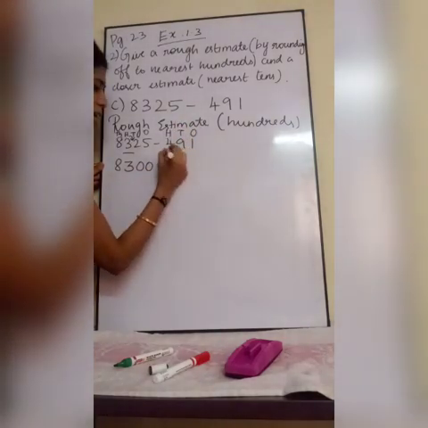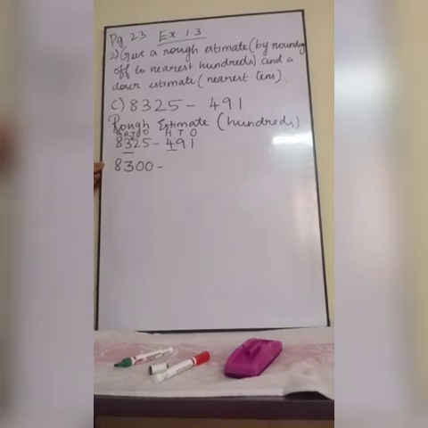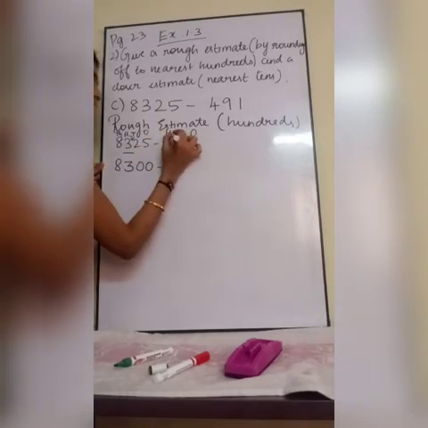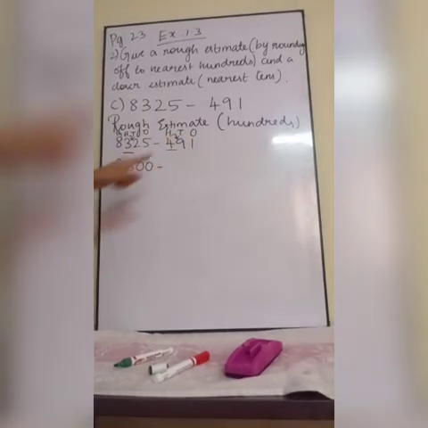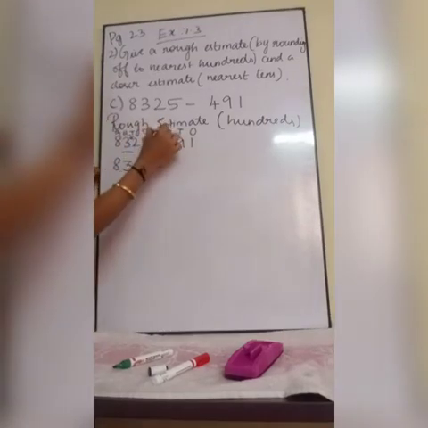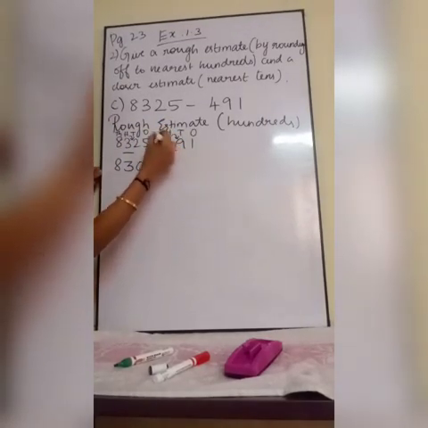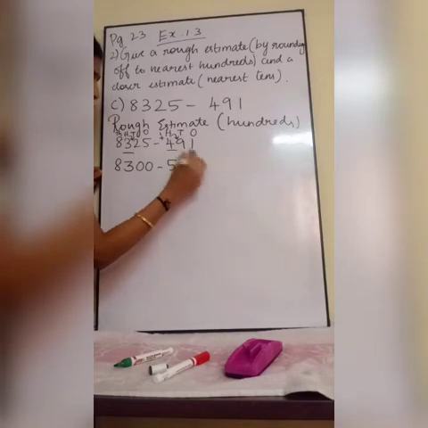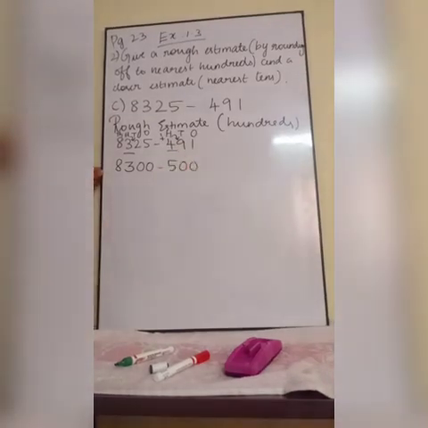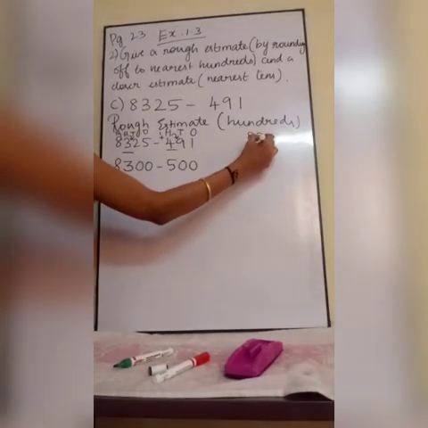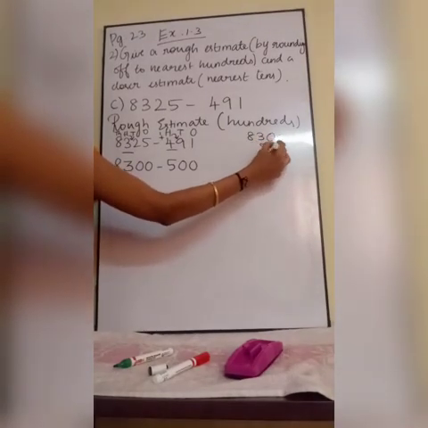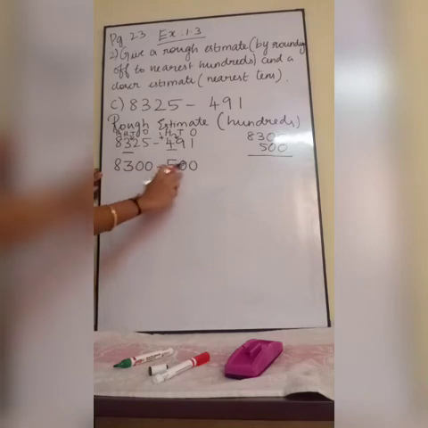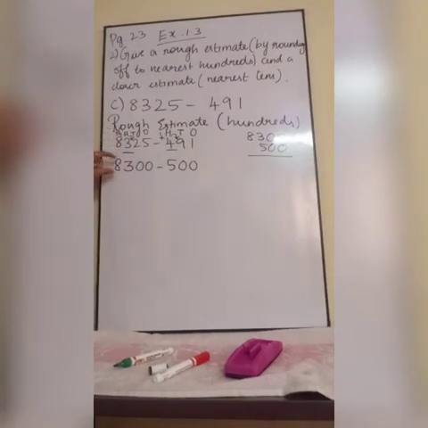This you will round off. So we will see tens place. Tens place is 9. 9 means here plus 1. So 4 plus 1, 5, 0, 0. After this digits and all you will put 0. So now what are you going to do? You are going to subtract these two, 8,300 and 500. Did you understand how these two come? By rounding off this value and this value.